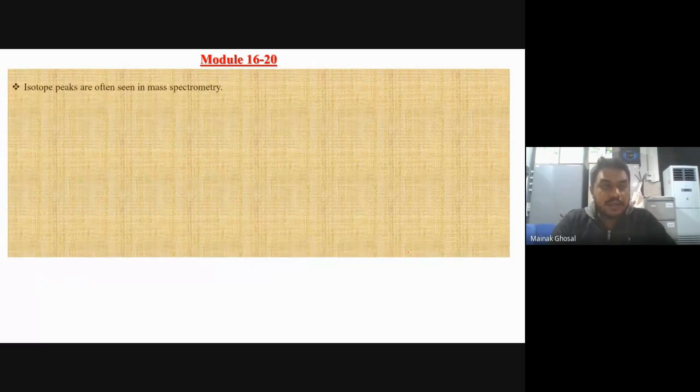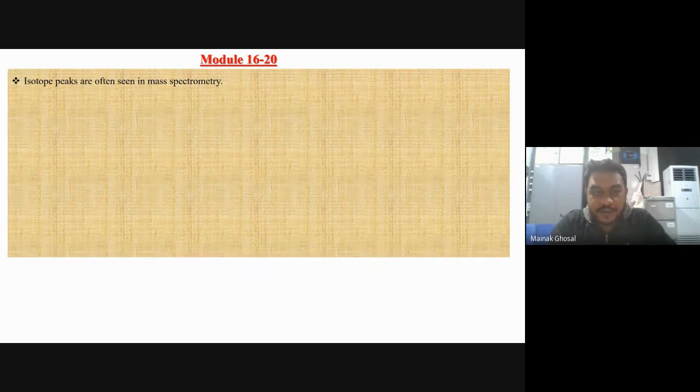Now coming to isotopics, which are often seen in mass spectrometry. Isotopics are generally seen because in a mass spectrum there is the m by z, and there is something called relative abundance.